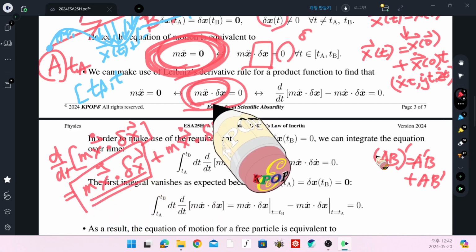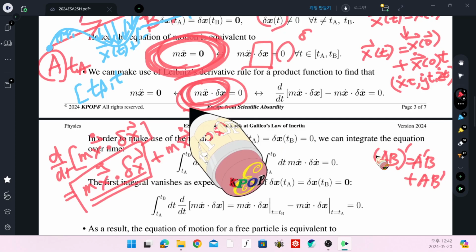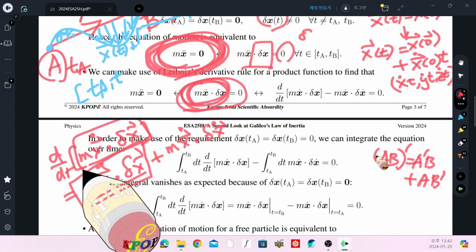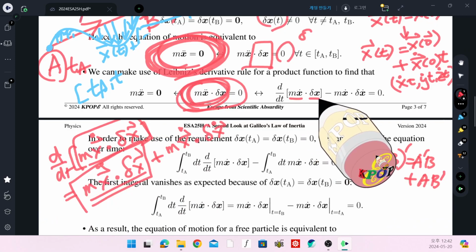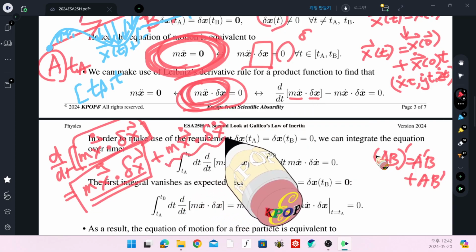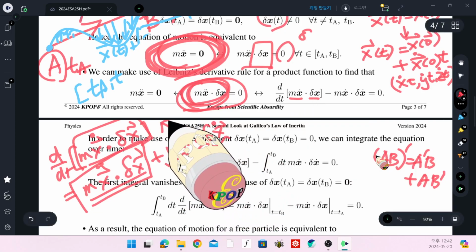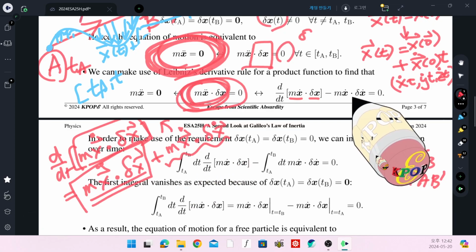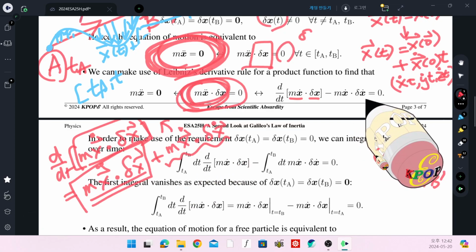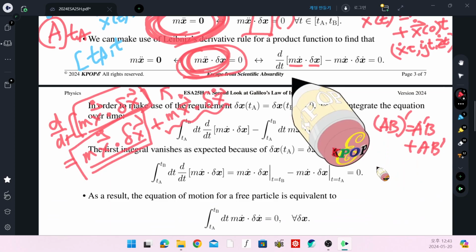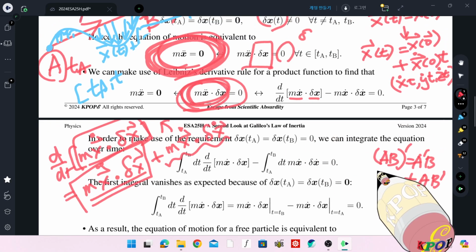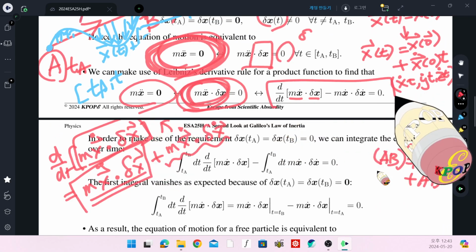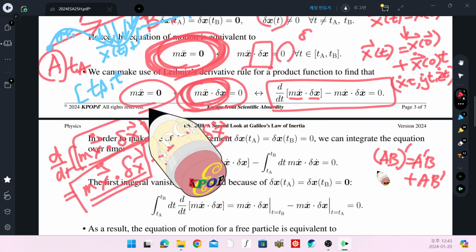So this left-hand side can always be expressed in terms of the time derivative of this scalar product of linear momentum and the variation, subtracted by this one. By moving the second term to the left-hand side, we find that mass times the velocity scalar product with the variation of the velocity. All right, we have arrived from the law of inertia. We have arrived that this is identical to the law of inertia.